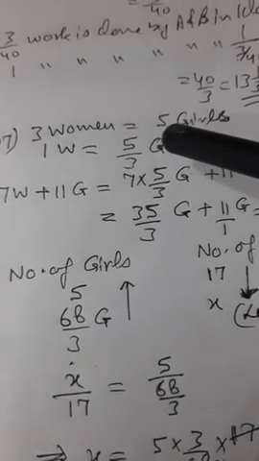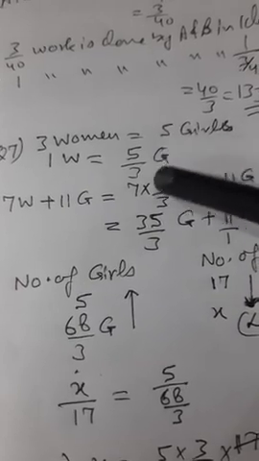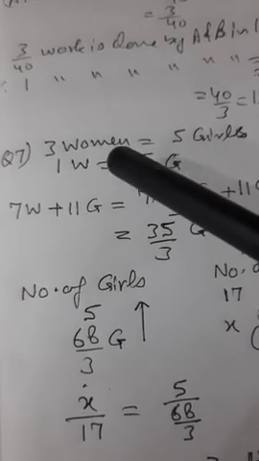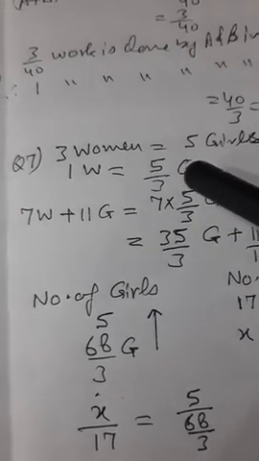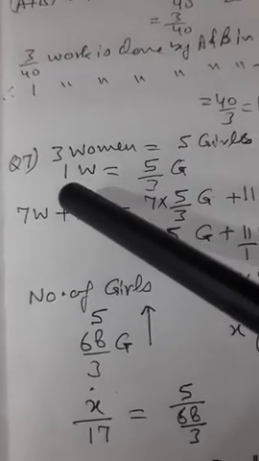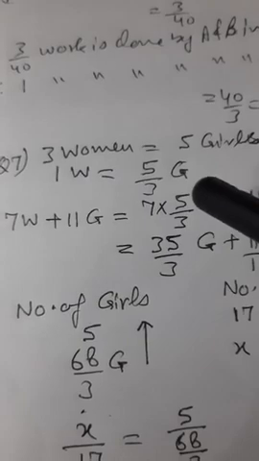So here we are comparing the capacity of women and girls. So 3 women, their capacity is equal to 5 girls. So what would be one woman's capacity? By unitary method it will be 5 by 3 girl.